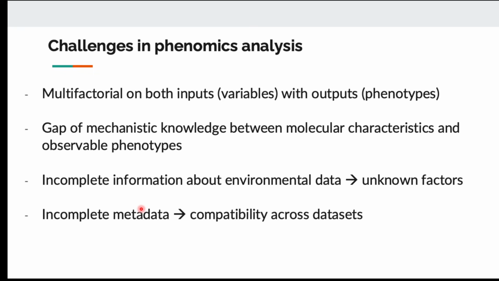And in some cases, we want to combine data from multiple settings, but we don't have the complete metadata information. So we cannot really exclude the confounding factors. So let's see some of the techniques that we have seen before and how they can be applied to address phenomics data.